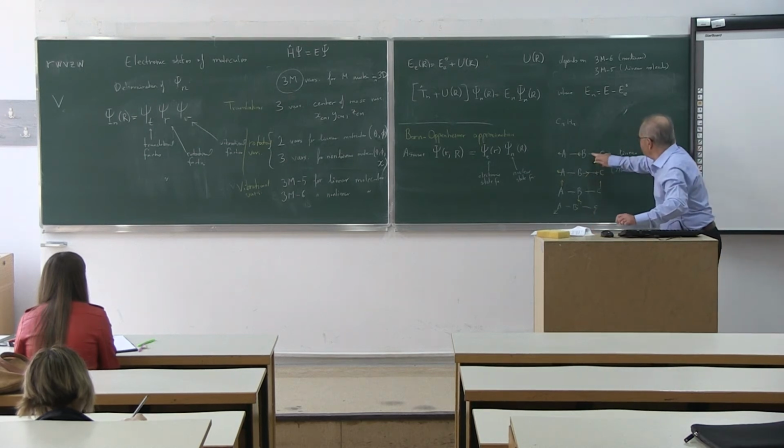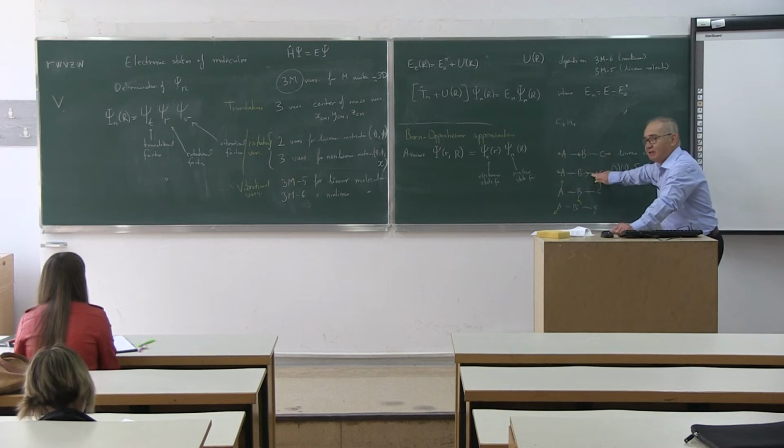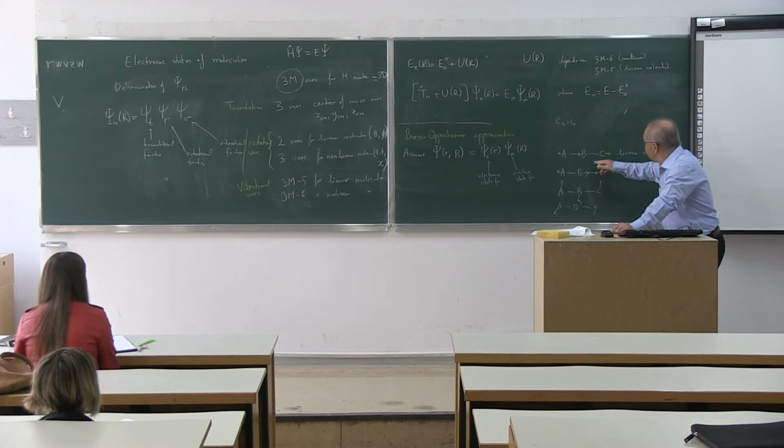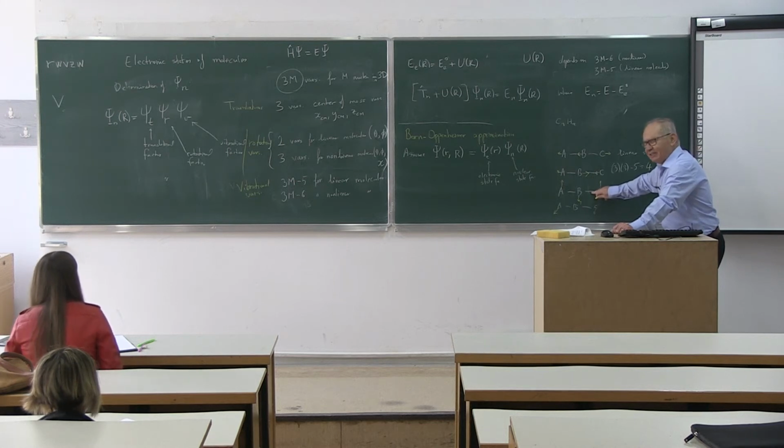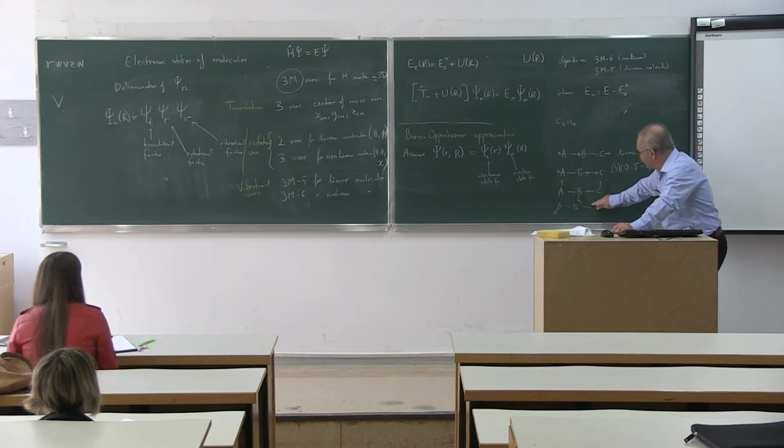Now, the frequency of this vibration is expected to be different from the frequency of that vibration. And these two frequencies should be different than the frequency of this type of vibration. But if you compare these two vibrational motions, what do you expect for their frequencies?